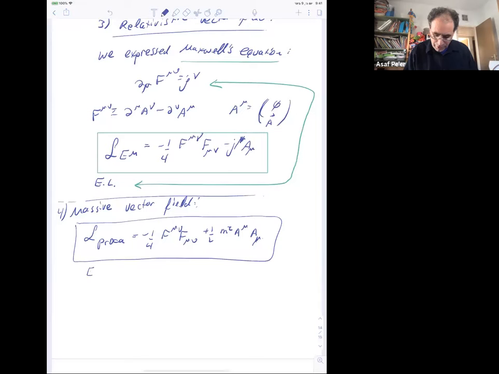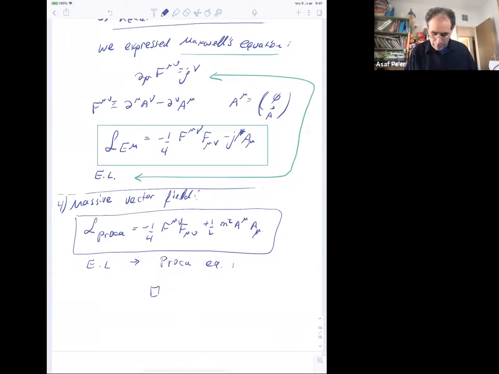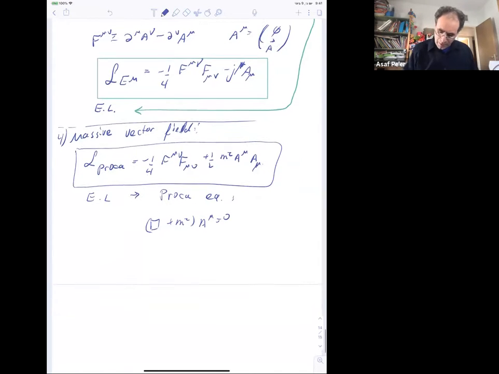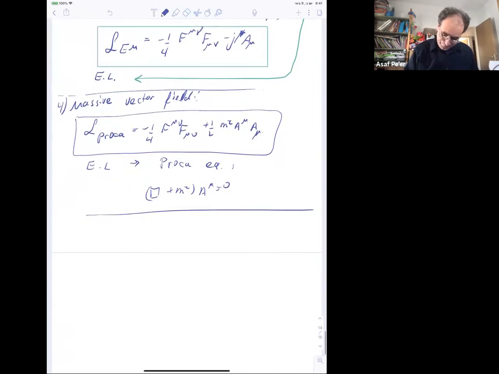If you do the Euler-Lagrange, it gives you back the Proca equation, box plus m squared A mu equals 0. Do it at home. Promise me? Okay. Next thing is Noether's theorem.